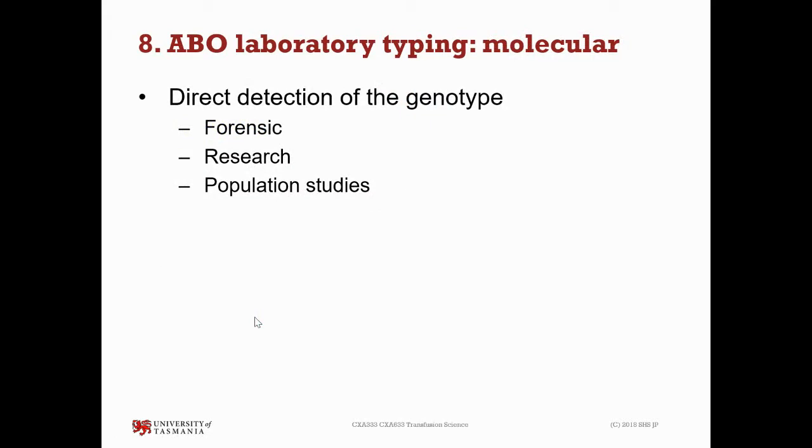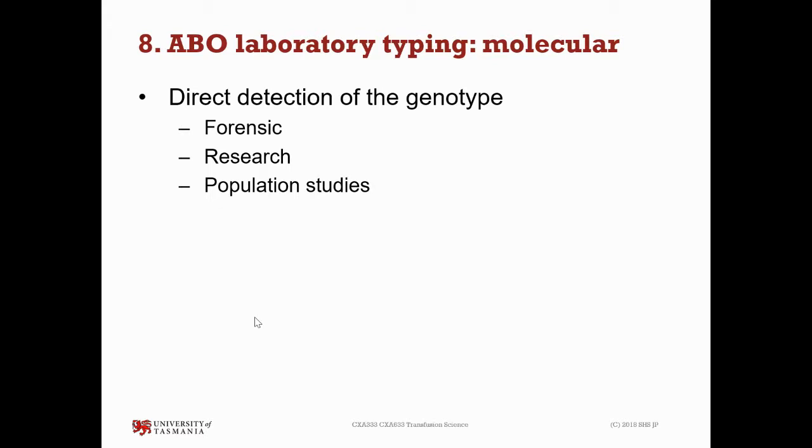And the other developing field is direct detection of genotypes. This is very much in the research laboratories, or in reference laboratories. We have reference laboratories in Australia, and the big reference laboratory is in the UK.